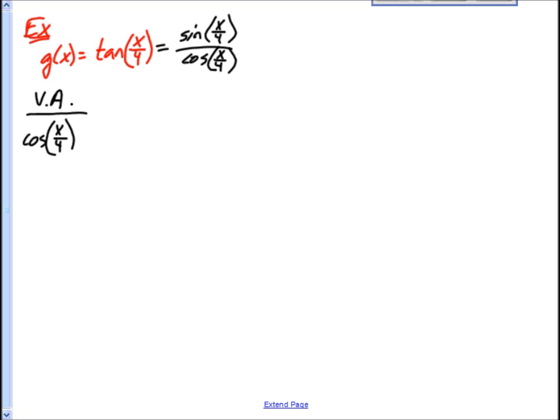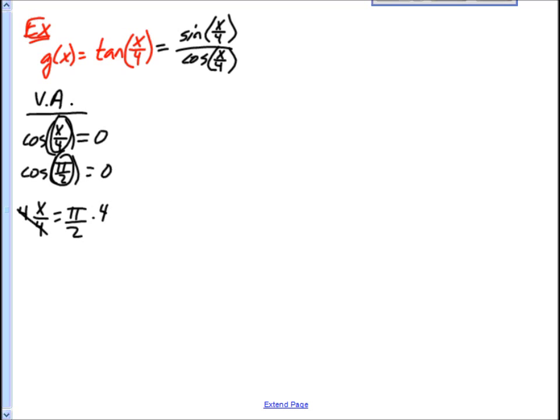And I say, well, the cosine of what is 0? I know that the cosine of pi halves is 0, right? That's true. So what x value causes x over 4 to equal pi halves? What causes that thing to be true?